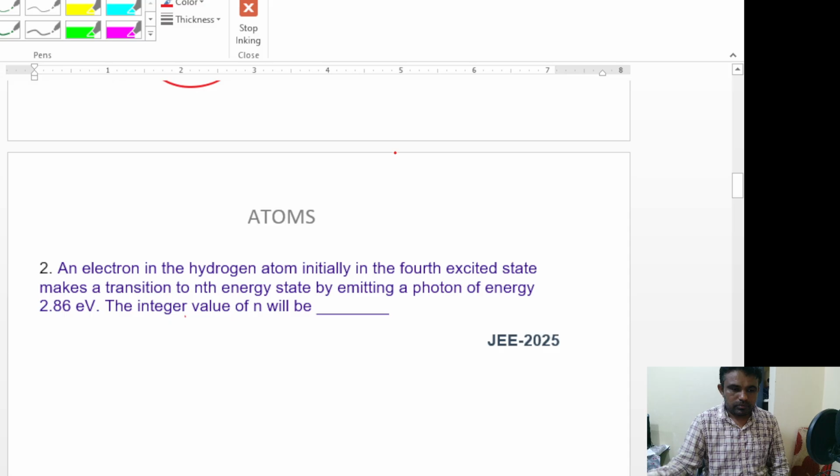Second question. An electron in the hydrogen atom initially in the fourth excited state makes a transition to nth energy state by emitting a photon of energy 2.86 electron volts. The integer value of n will be. We have to find here the n value.